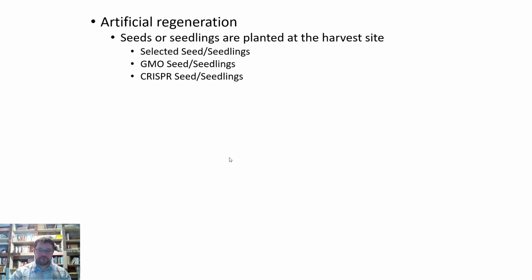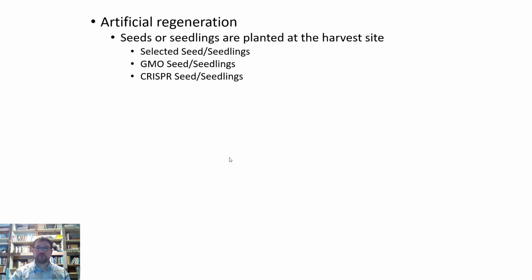Okay, you either plant them, or you just overlay them, so you can just seed spray them, and there's lots of ways at which this can occur, and we'll talk about a little bit of that. But how you apply the seeds is not nearly as important, in my opinion, as what kind of seeds or what kind of seedlings you are selecting.